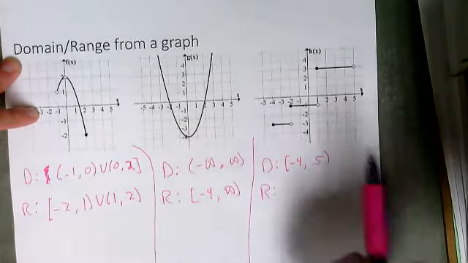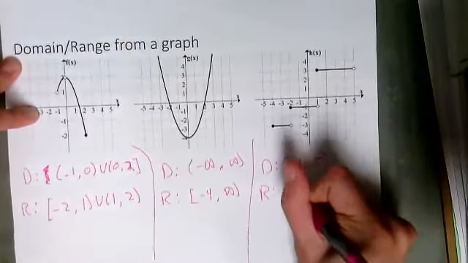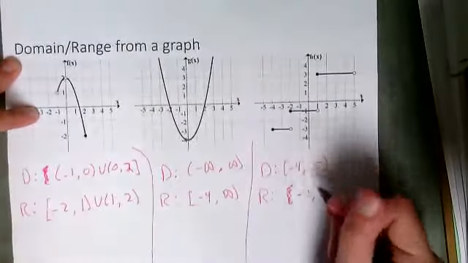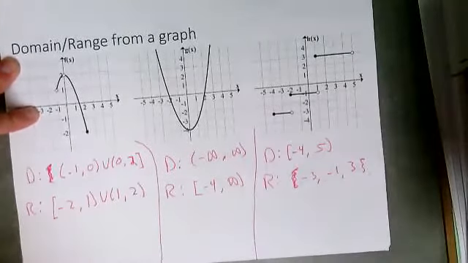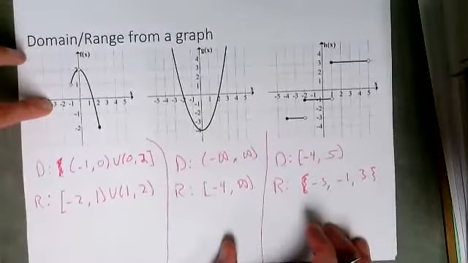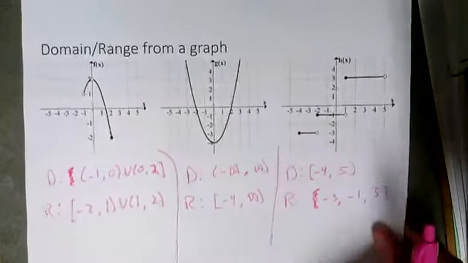Nowhere in between here. So our range is just going to be the set of values -3, -1, and 3. That is the range for this last guy. A little bit tricky-ish. We just have to look at the function carefully and look at the graph.